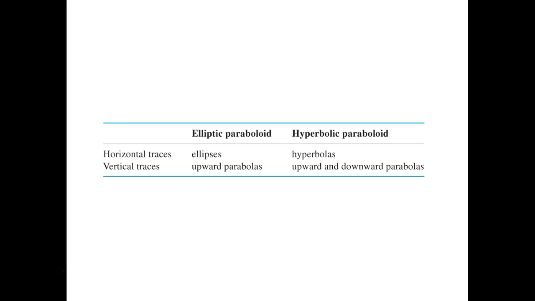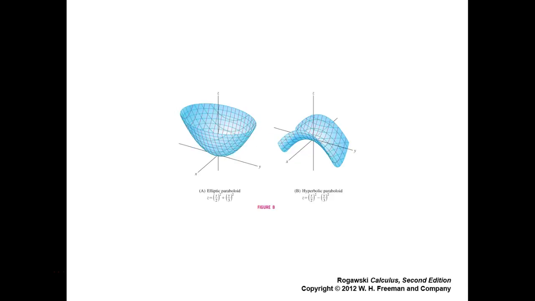If you cut vertical traces, then these are parabolic going upward, always, unless it's a minus. Hyperbolic paraboloid, again, your horizontal traces would be hyperbolas, but your vertical traces, one way will be an upward parabola, the other way a downward parabola. Arm waving doesn't do a lot of good to help you see it. Here's what they look like.